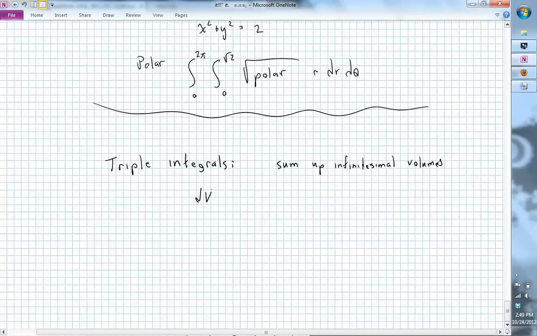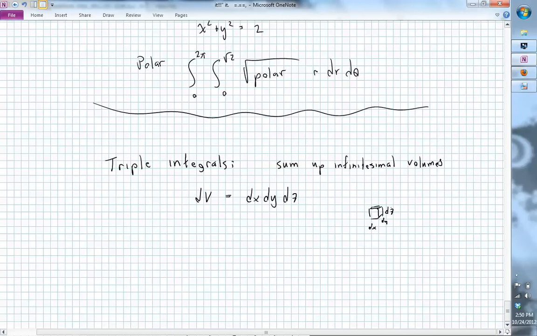And you're going to see today that dV is just dx times dy times dz in any particular order that you want. And if you think about it, that's just a tiny little cube. It's just a tiny little cube that the integral sums up all of these guys.